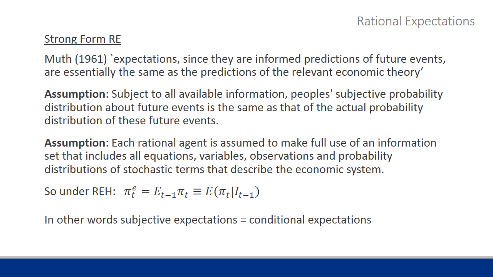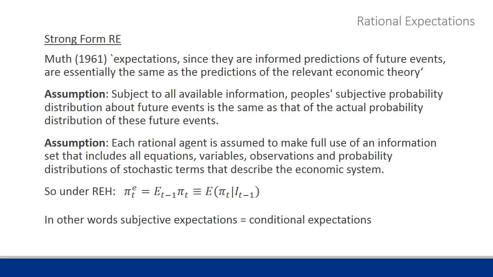Another strong assumption from Muth is that each agent in the model has access to full information, absolute full information. So he's like an econometrician. He understands the structure of the model, the variables, the observations, and probability distributions, even of the error terms. He knows everything. Now, that's quite a strong assumption.